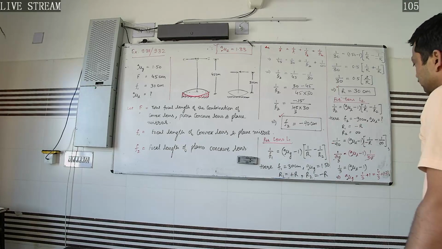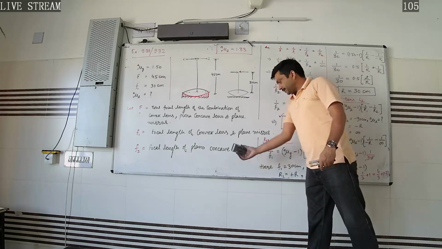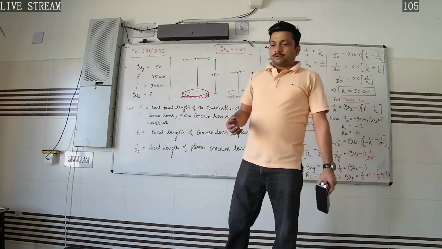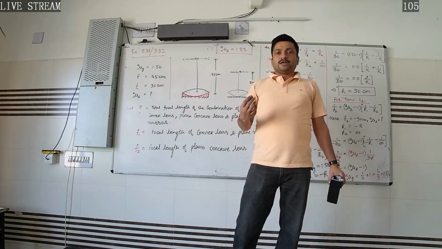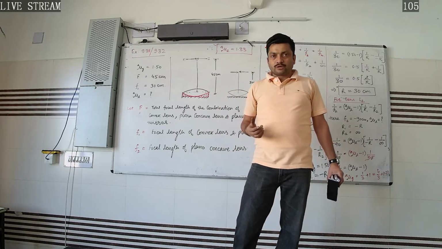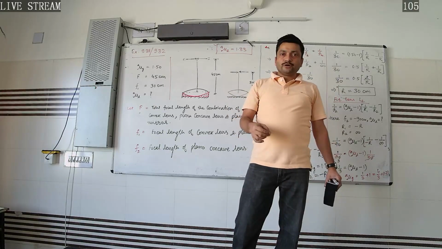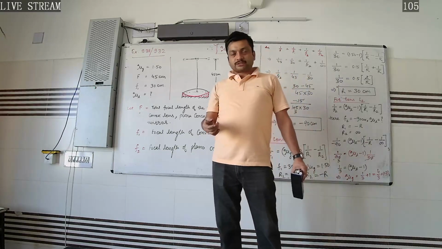Okay. The next popular question based upon this topic we have studied is that sometimes you are given the numerical, that a lens of certain focal length is immersed inside a liquid of known refractive index.